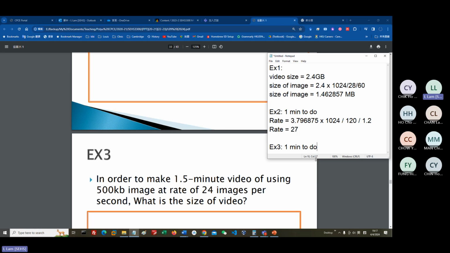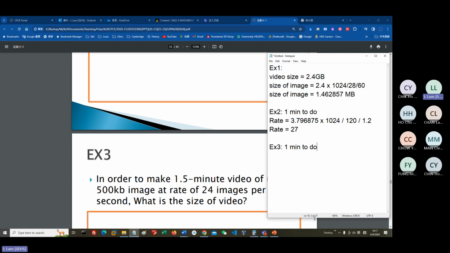Okay, let's take a look at the answer here. So size of video. It's the same as the previous example, that you just multiply everything.